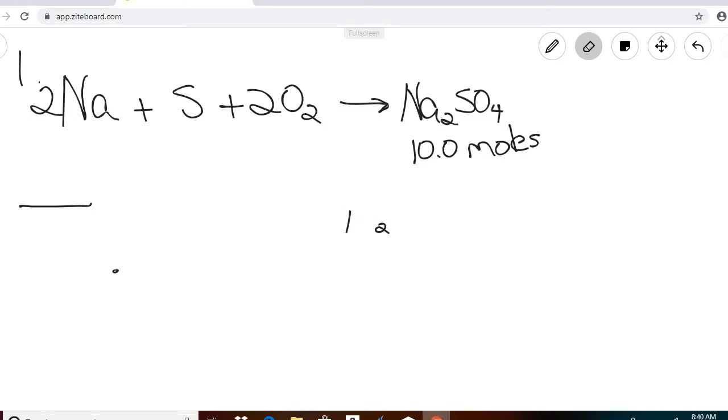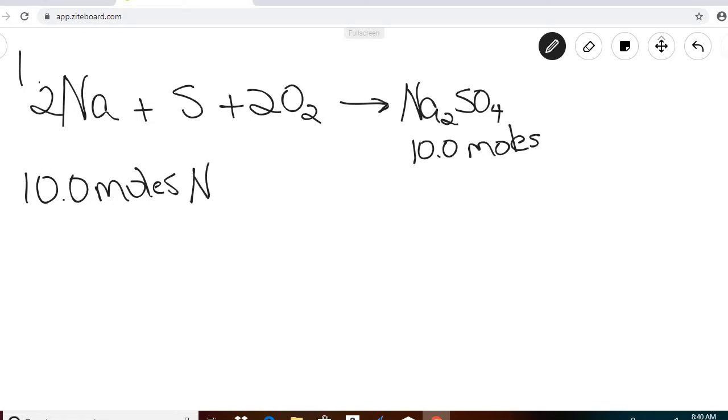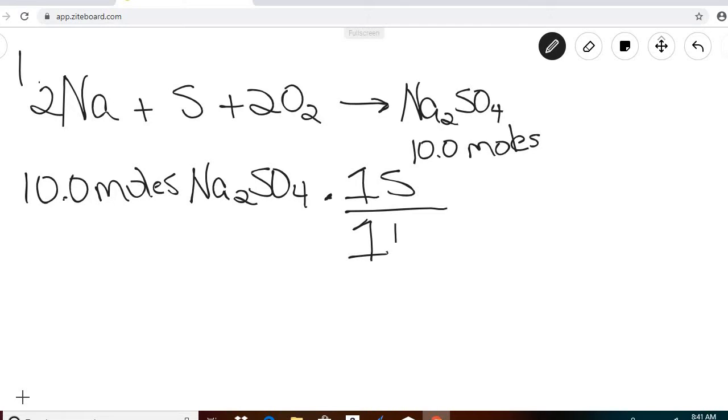Part B then asks, if you're going to make 10 moles of sodium sulfate, how many moles of sulfur would you need? Okay, so again, 10 moles of sodium sulfate, now there is 1 sulfur for each 1 Na2SO4.